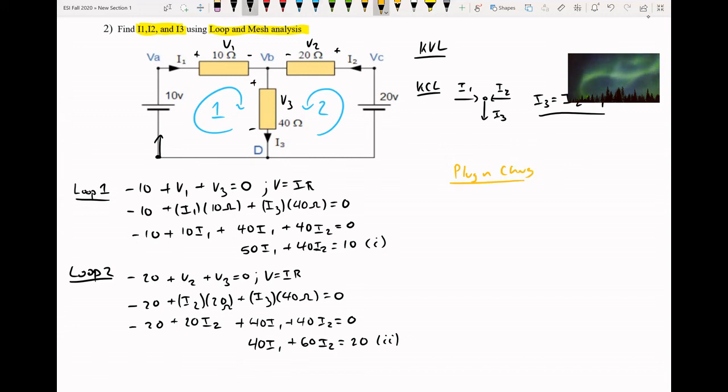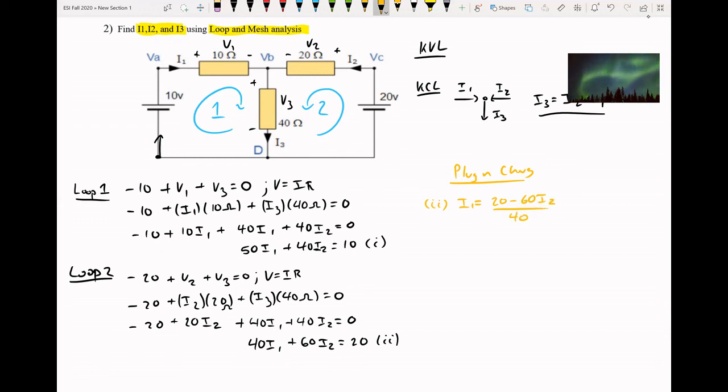then we can say here, let's go ahead and solve for I1 first. So I1 or I2 first. So we'll do I1 from equation 2 is equal to 20 minus 60 I2 over 40.